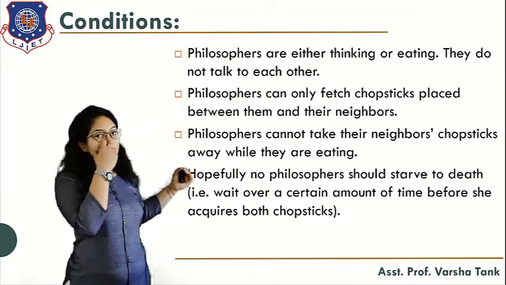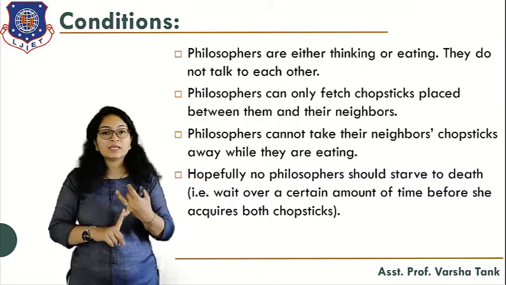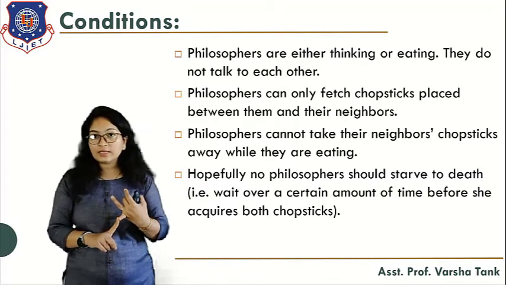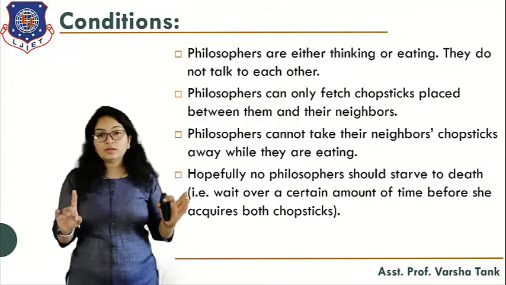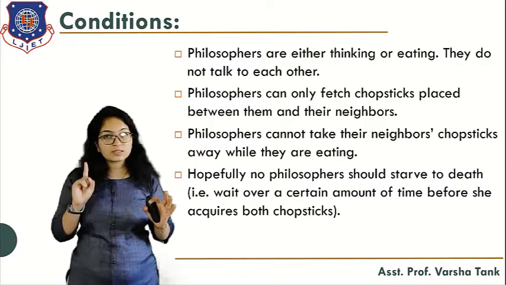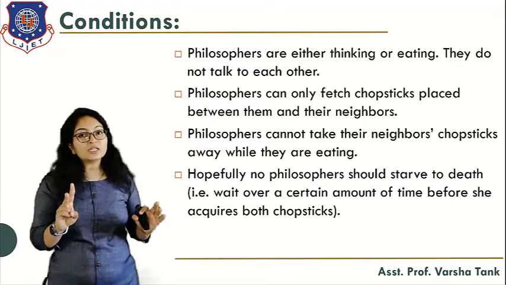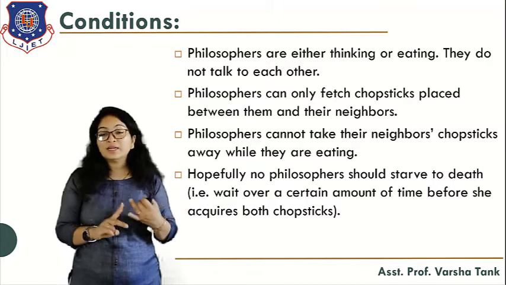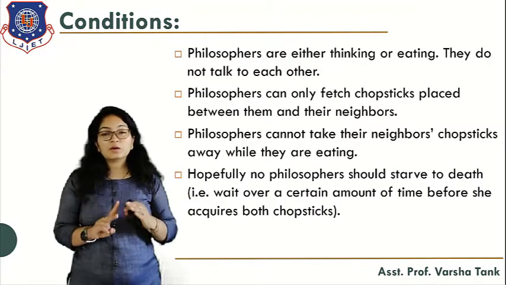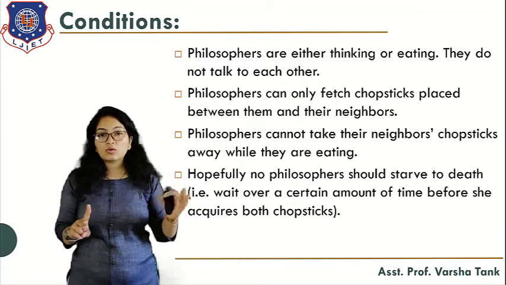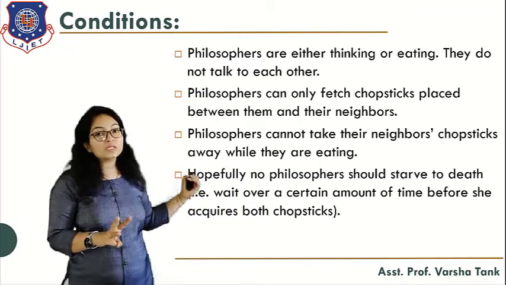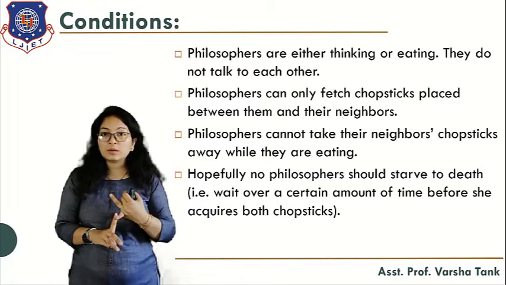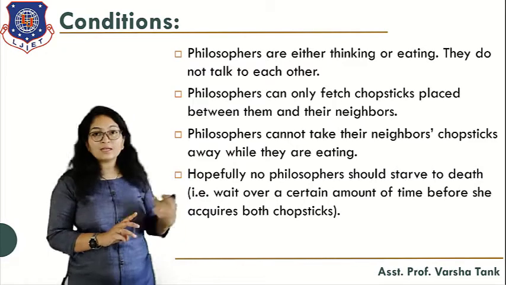Okay, so these are the conditions. The first condition: either thinking or eating, and they are not allowed to talk to each other. The second: philosophers only fetch chopsticks from adjacent neighbors; from the opposite side they are not allowed to take chopsticks. The third: philosophers cannot take the neighbors' chopsticks away while they are eating.